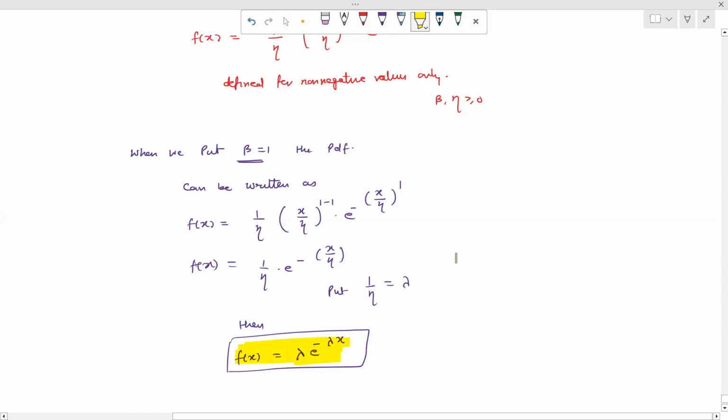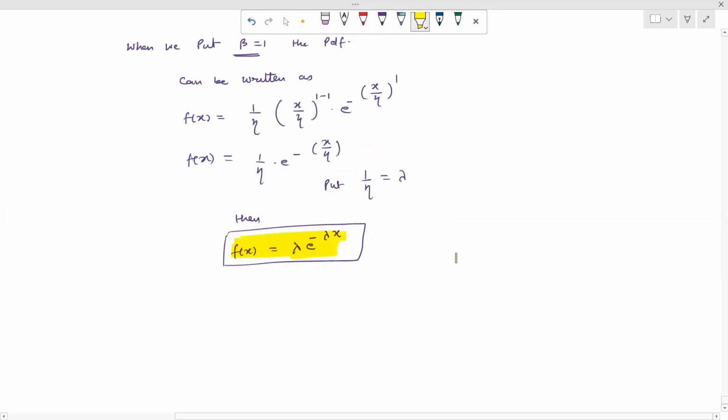So this is the PDF of the exponential distribution.